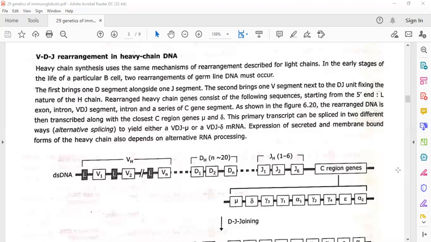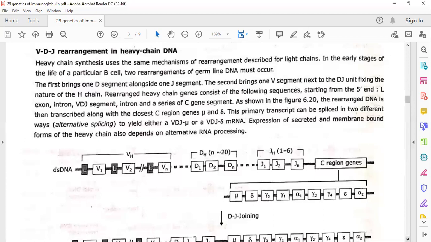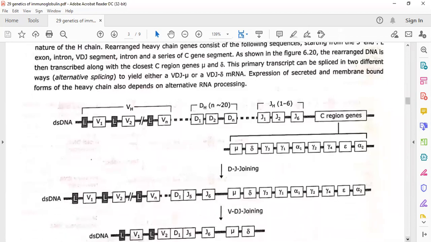The rearranged heavy chain genes consist of the following sequences starting from the 5' end: the exon, intron, VDJ segment, intron, and a series of C gene segments. The rearranged DNA is then transcribed along with the closest C region genes, mu and delta.